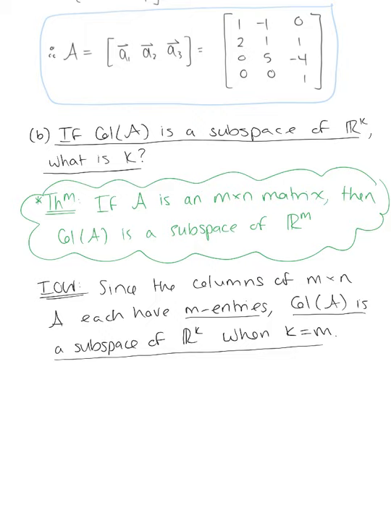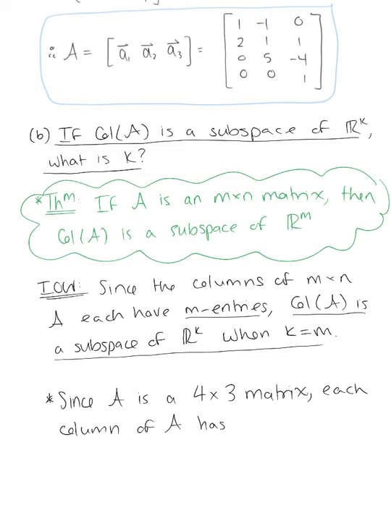So for this example, we can say since A is a 4x3 matrix, each column of A has 4 entries, which tells us that the column space of matrix A is a subspace of Rk when K is 4.